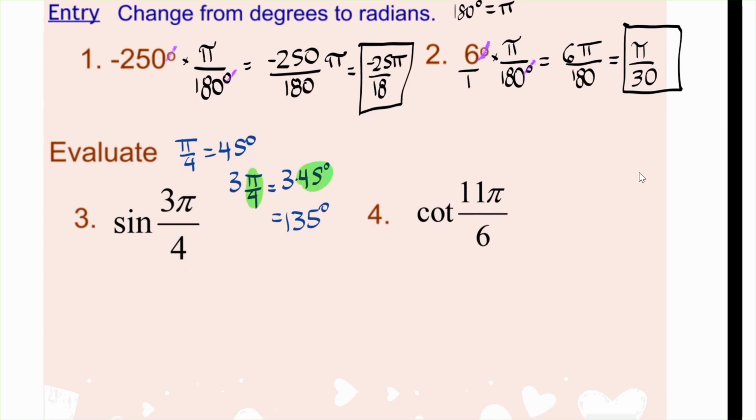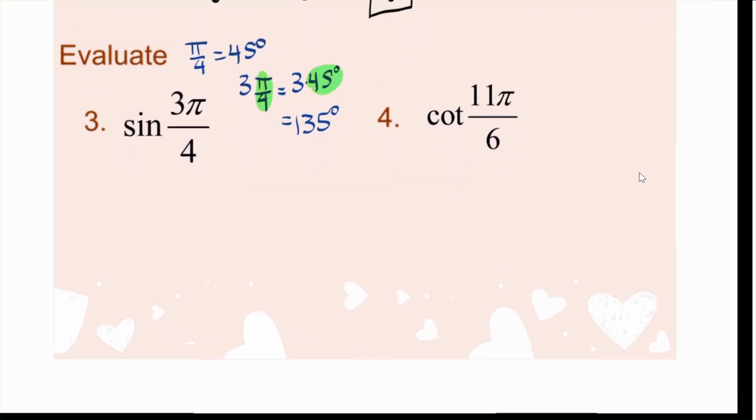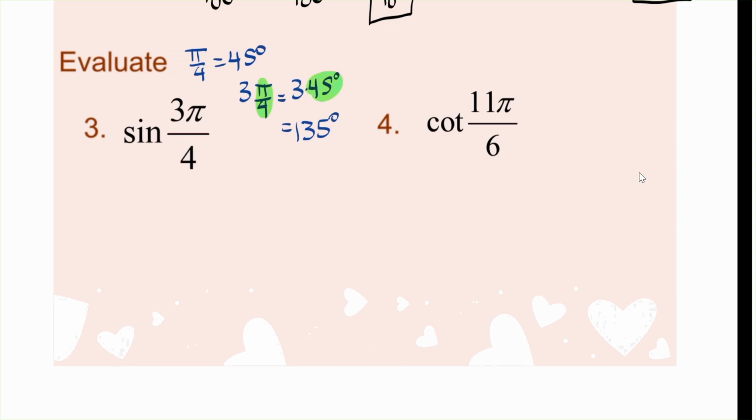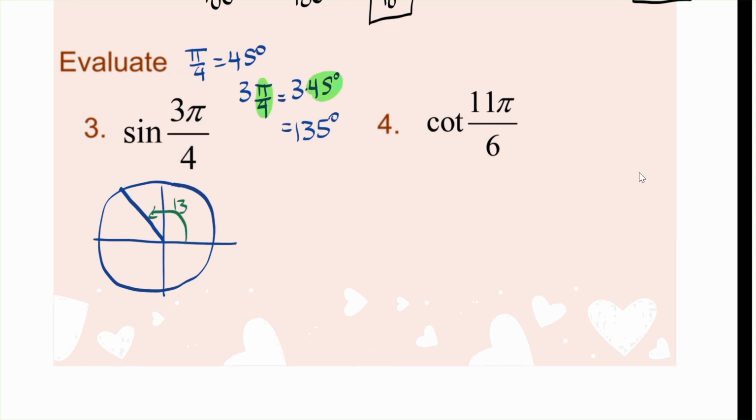When I go to check out the unit circle, I know it's going to be in the second quadrant. I know that if I rotate 135 degrees, my reference angle is going to be 45 degrees, because 45 degrees is how much more I need to get a full 180 to get all the way down to the x-axis.